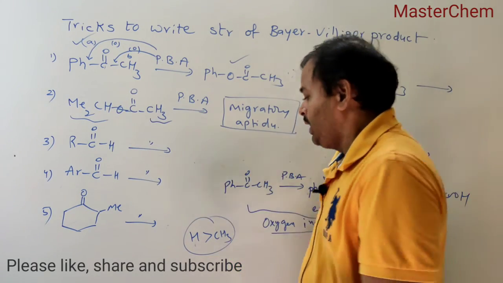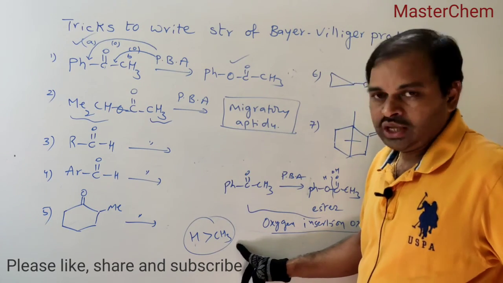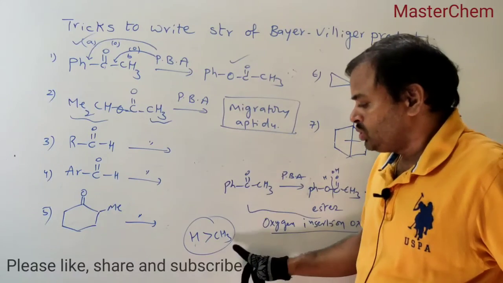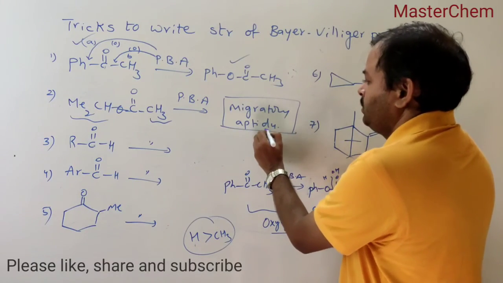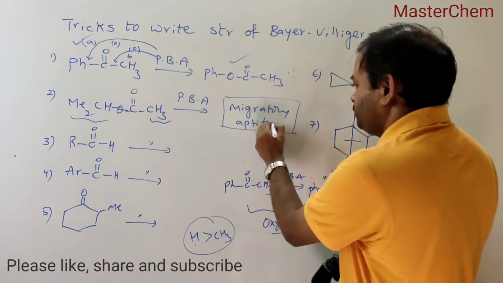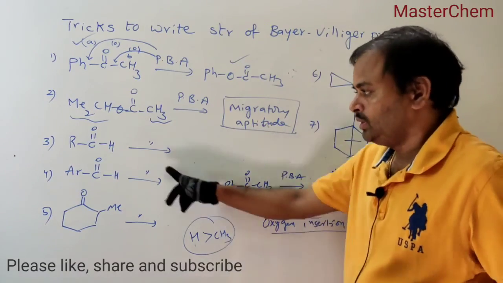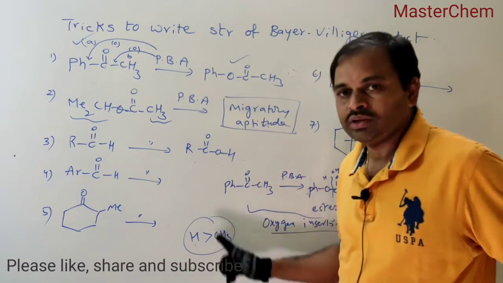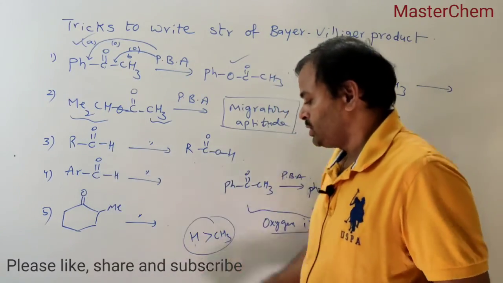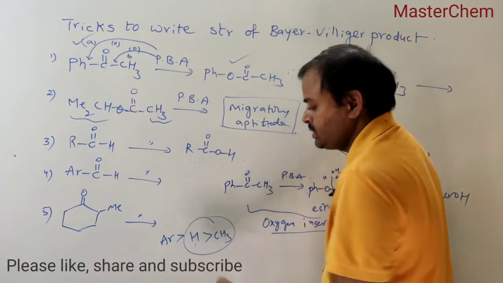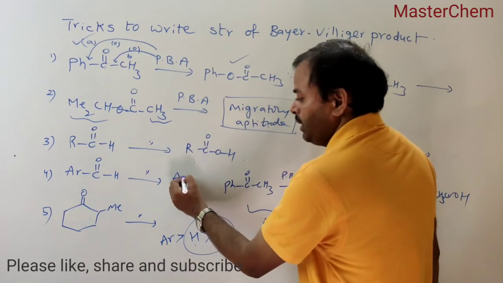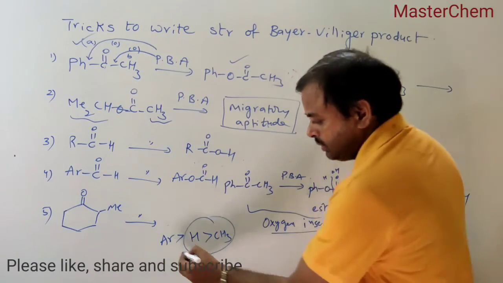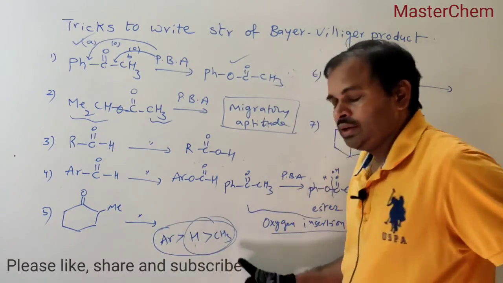Now in this case, with H and CH3, H has greater migratory aptitude than CH3. So with Ar and H, place oxygen on the aryl side, giving ArOCOH. Just remember this: Ar is greater than H, which is greater than CH3.